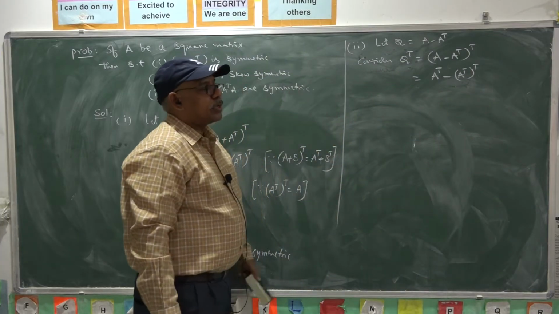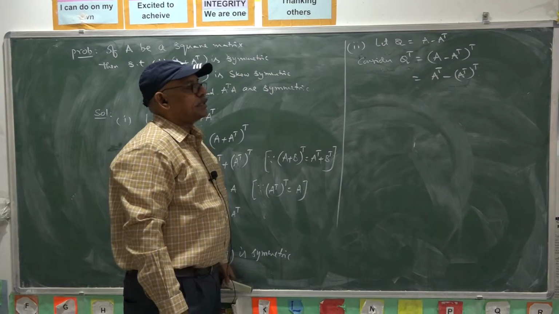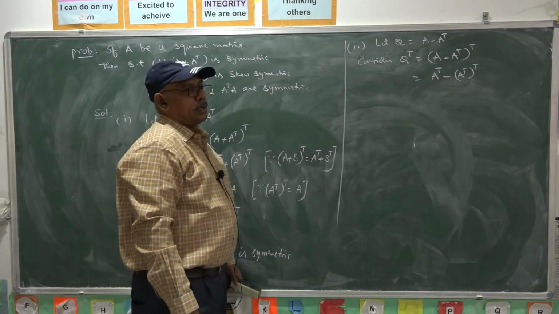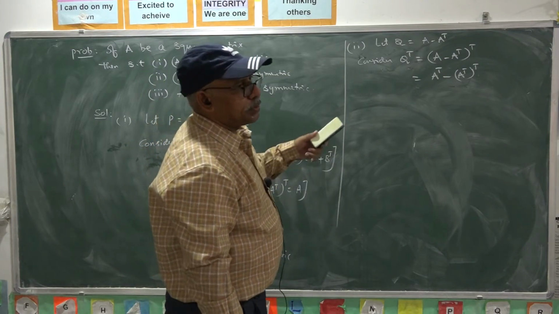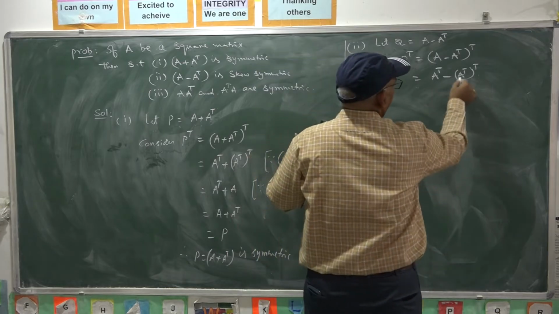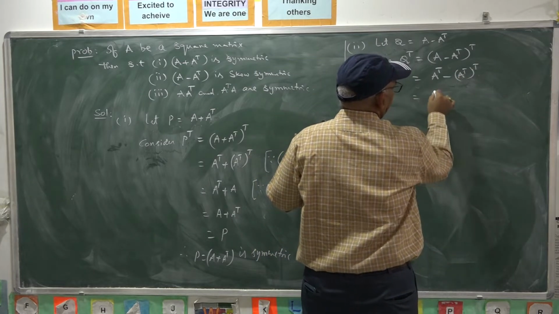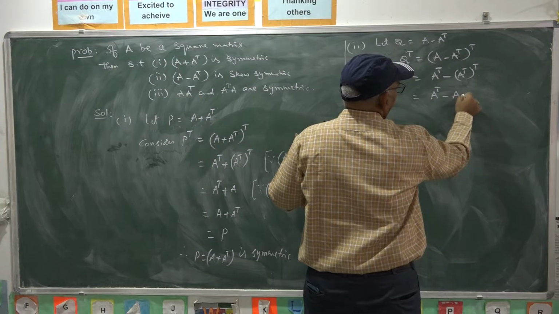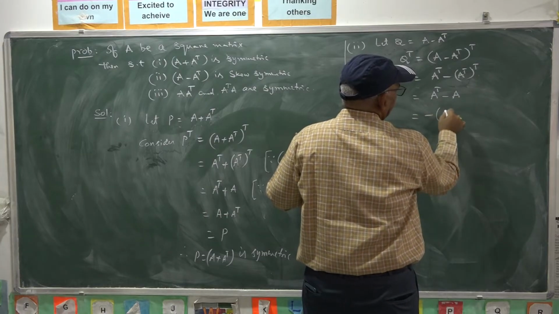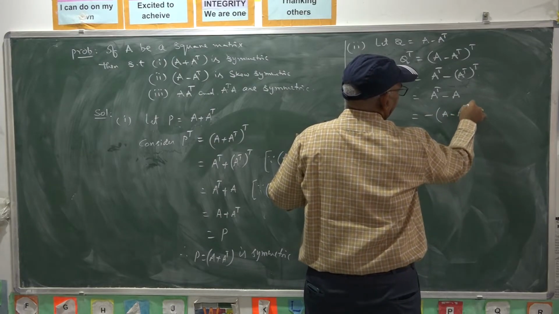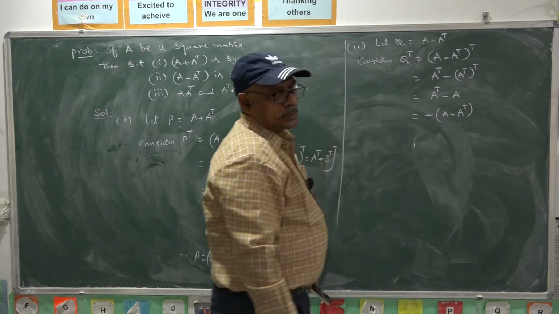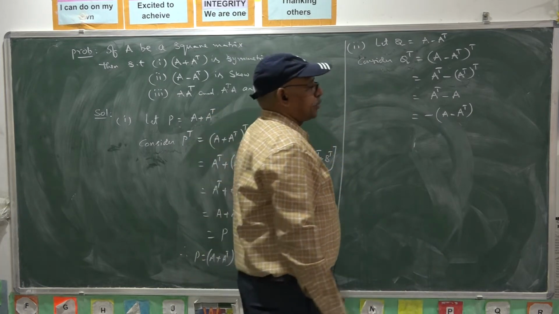But A transpose whole transpose equal to A, which may be written as minus of A minus A transpose.